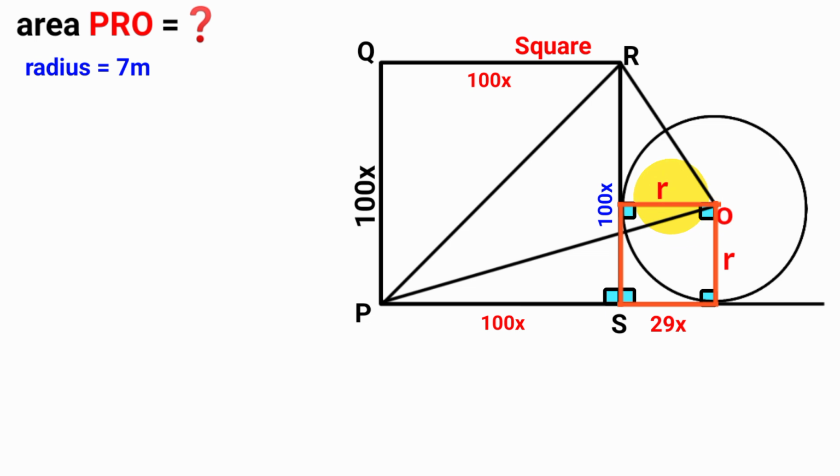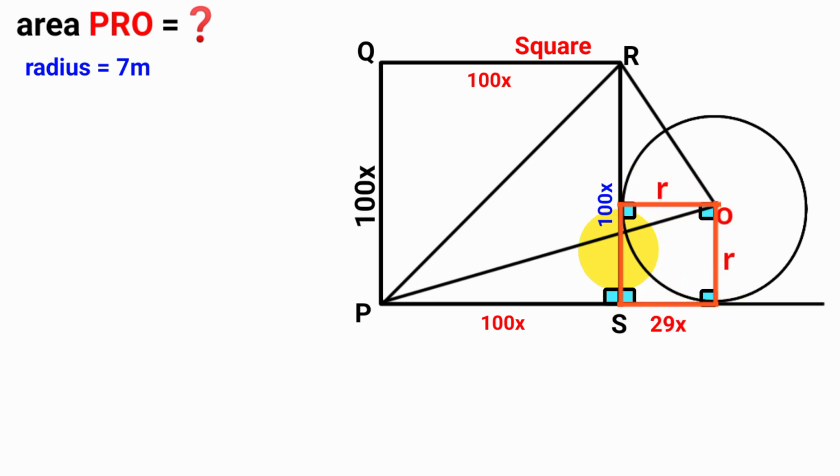This side and this side are congruent and they are perpendicular. For any quadrilateral to have four of its angles to be right angles and then two perpendicular sides equal in length, that quadrilateral is definitely a square-shaped quadrilateral. All the sides of a square are equal in length.